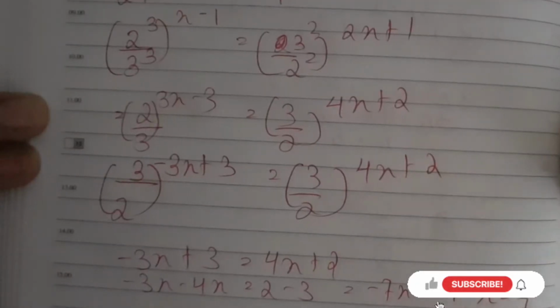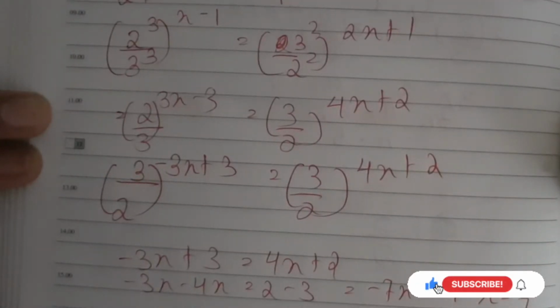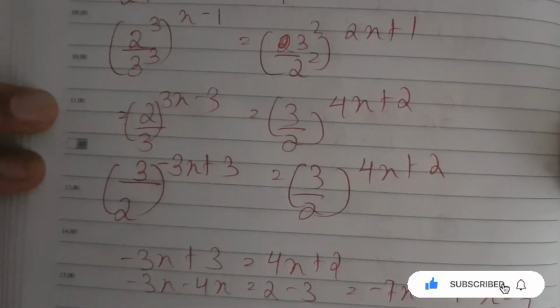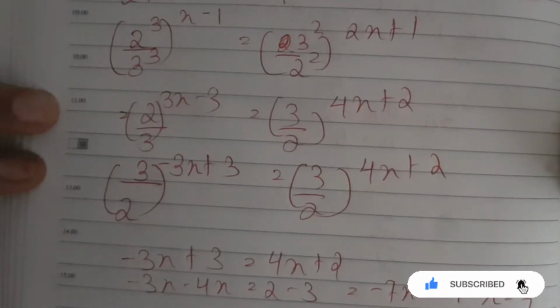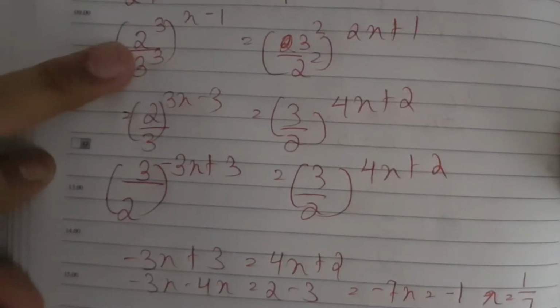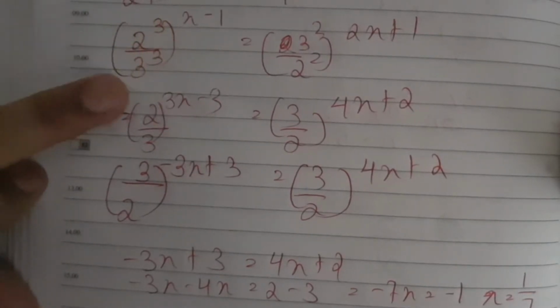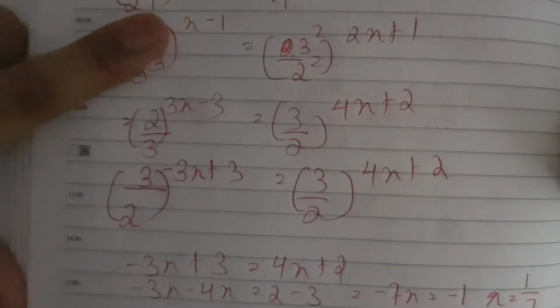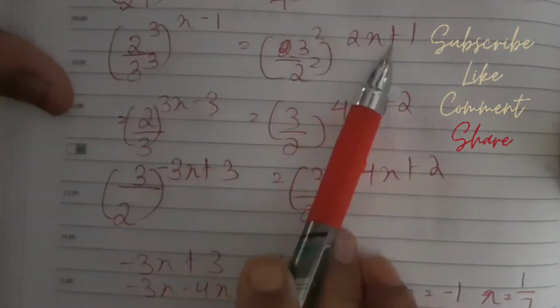So this question tells us (8/27)^(x-1) = (9/4)^(2x+1). We are just going to simplify it to the power (2/3)^(3(x-1)), and multiply, and here also simplify and multiply.